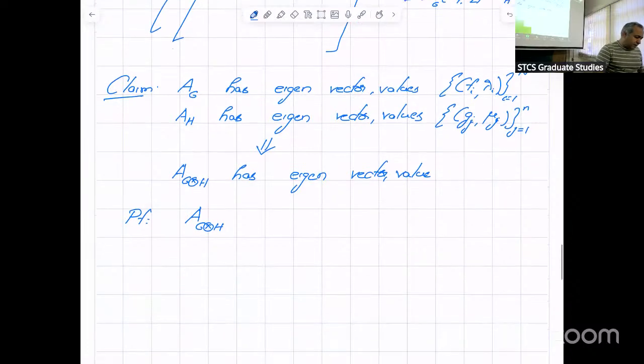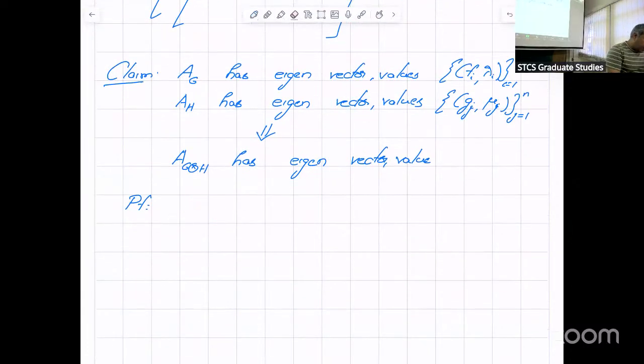So I want to look at the eigenvectors. Eigenvectors of G live in R to the capital N, and eigenvectors of H live in R to the small n. Therefore, the eigenvectors for G tensor H should live in an N times n dimensional space. What's a candidate? Take a vector there and take a vector here, and just like in the matrix you took the element-wise product, do the same thing for the vector.